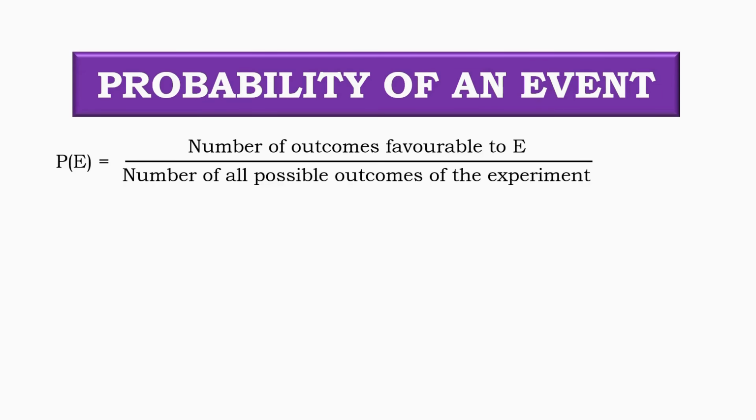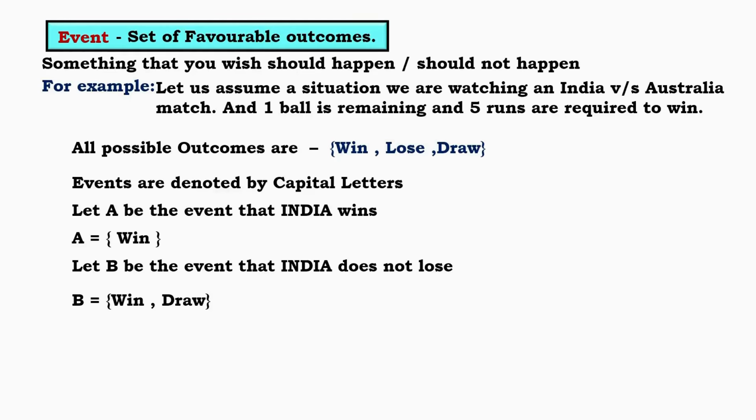If I take the previous example, and ask what is the probability for India to win, what will be the answer? It can be represented as P(A) equals win divided by all possible outcomes, that is 3.